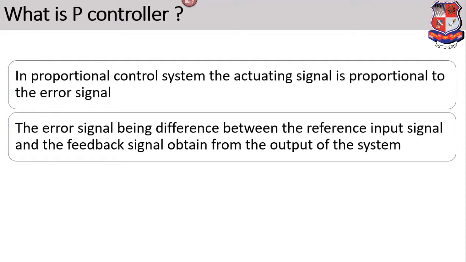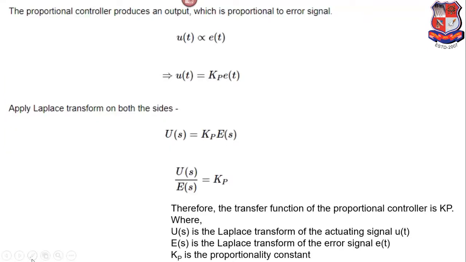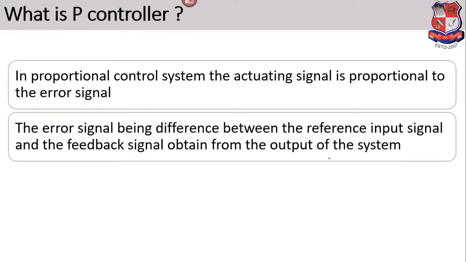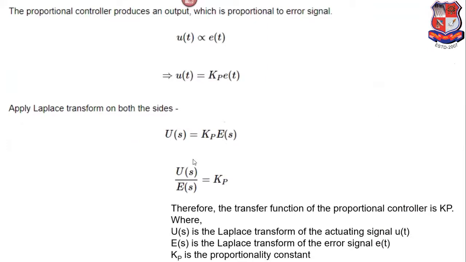Fundamentally we have to know what the actuating signal is and what the error signal is. Basically the error signal is the difference between the reference input signal and the feedback signal. So we can see some derivation over there.